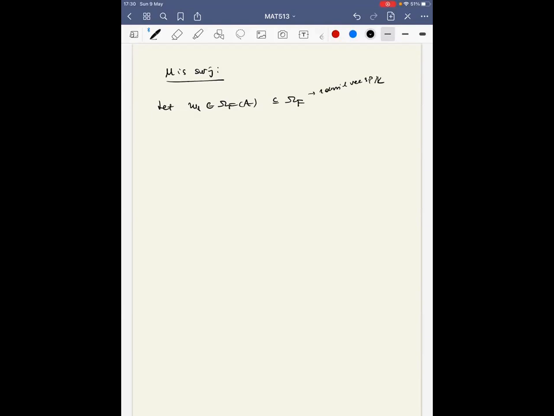So that means we can write omega 1 as x times omega with some function x.